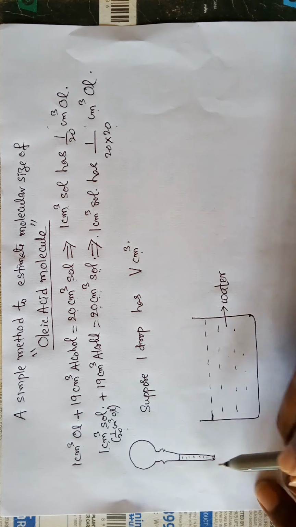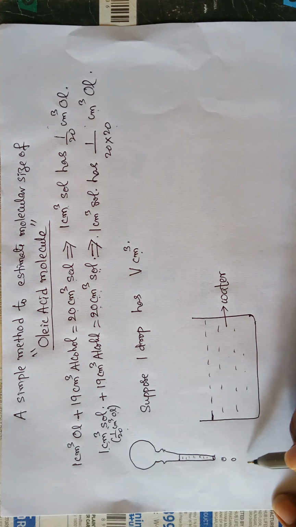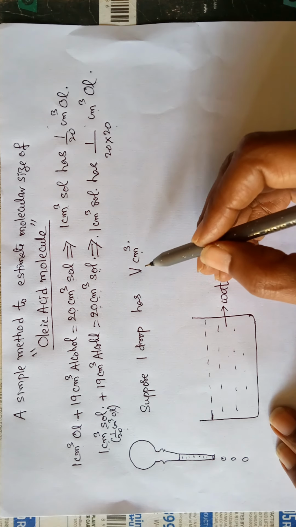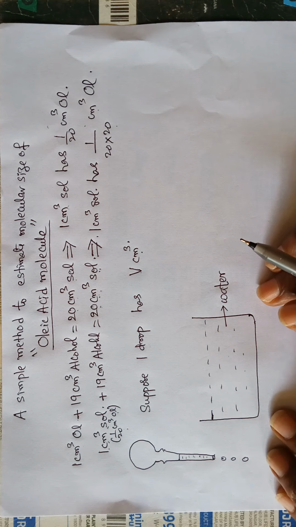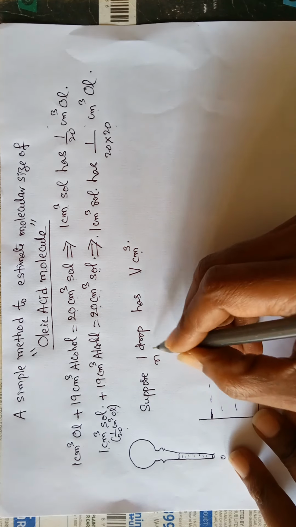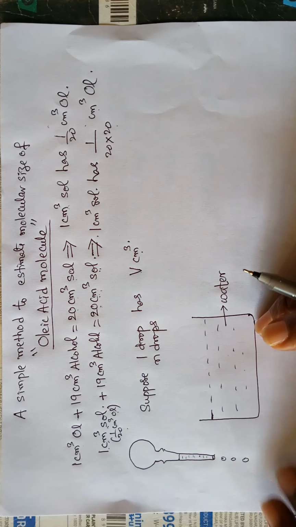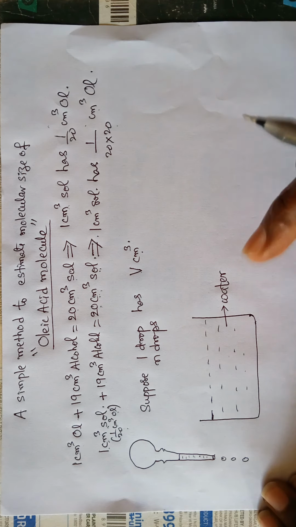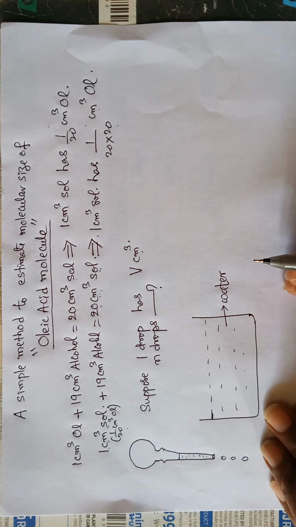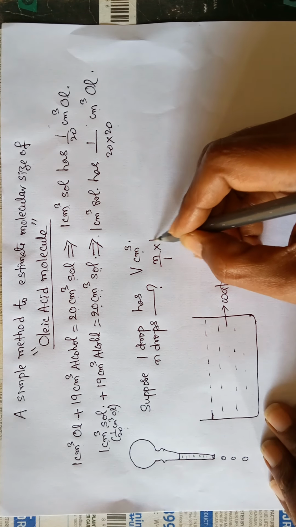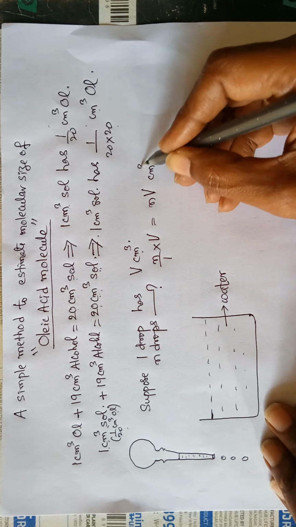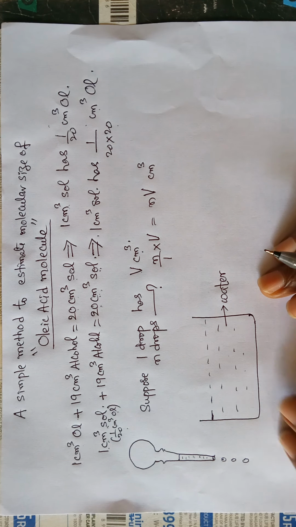Each drop will have V cm cube. If you allow n drops to fall into the water, the volume of n drops will be n into V, that is nV cm cube.